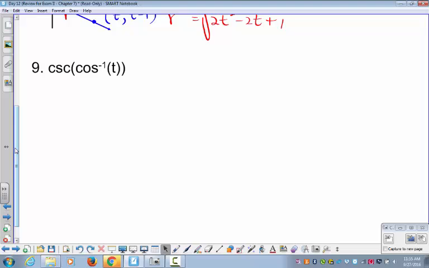So the y value is unknown, so you've got to find that. And what's your radius? So it's r. If your cosine value is going to be just t, you want x over r to be t.